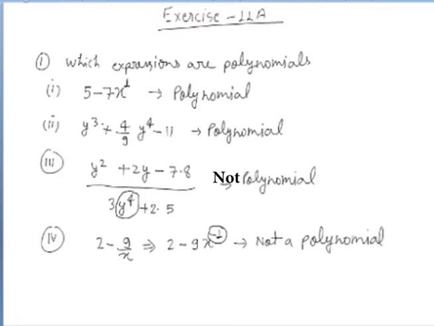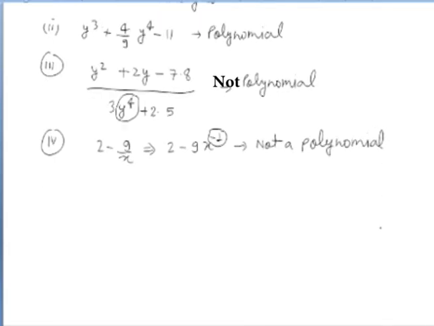Okay, and the fifth question is 0.8 minus 1.5x plus 4x square minus 6x cube plus 7x to the power 4 minus 2x to the power 5.